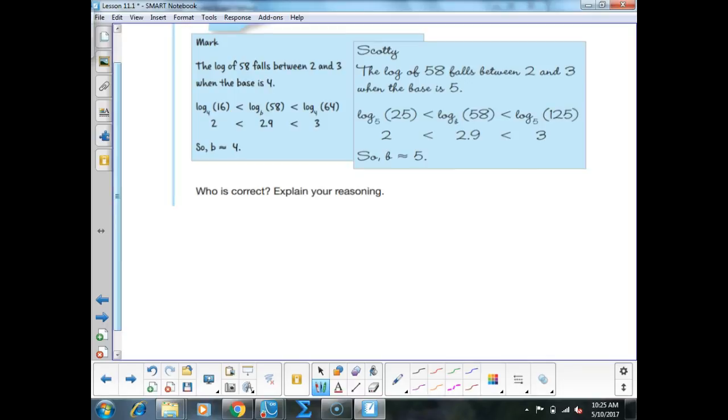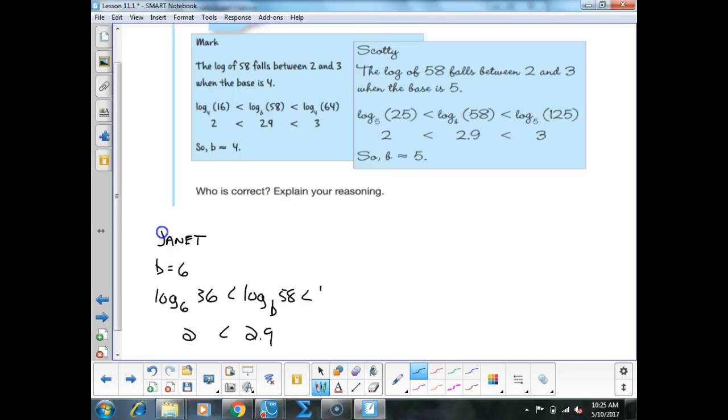Hold on. So we'll say Janet here went with a base of 6, right? So log base 6 of 36 is 2. Log base b of 58, we said was 2.9.